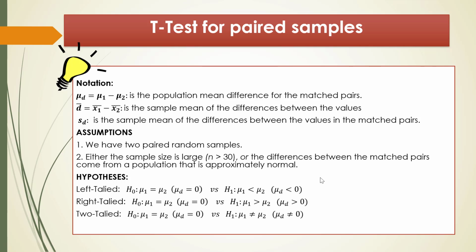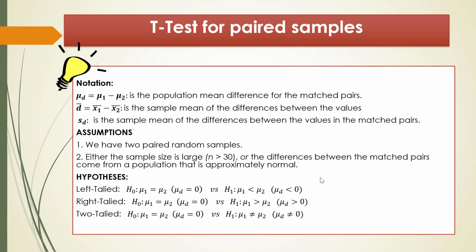And the assumptions for this test are: number 1, we have 2 paired samples that are random. Number 2, either the sample size is large or the differences between the matched pairs come from a population that is approximately normal.